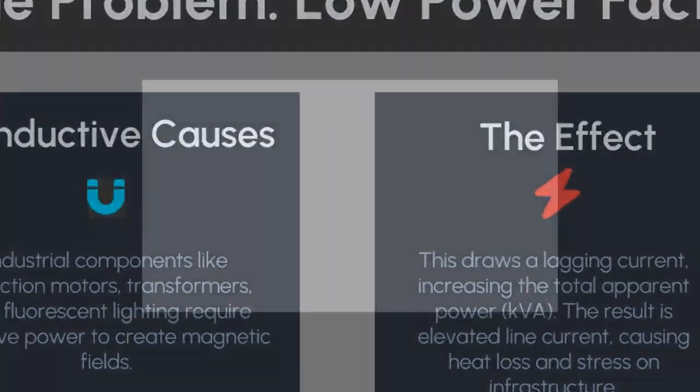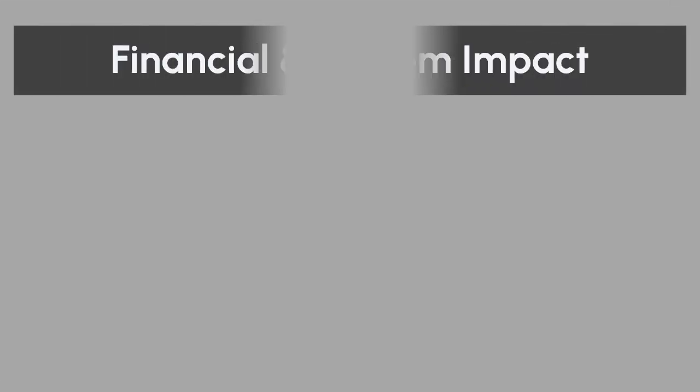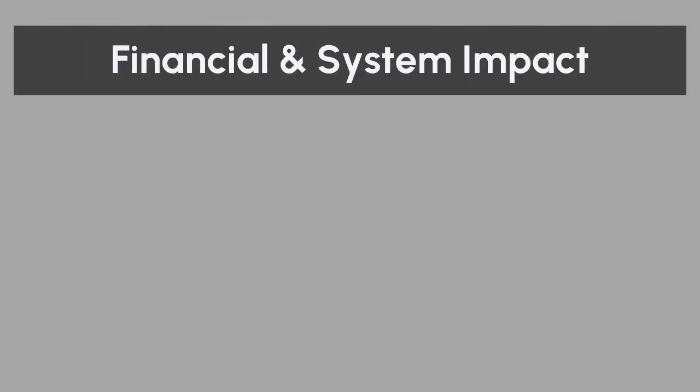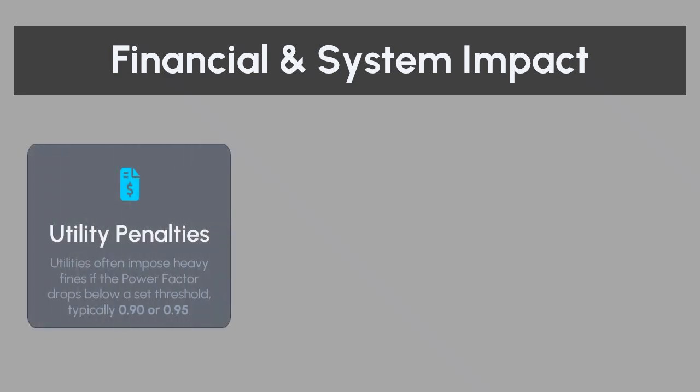Financial and system impact. The impact of a low power factor is felt directly on the bottom line and on your infrastructure. First, utilities frequently impose heavy financial penalties if your PF falls below a specified target, often 0.90 or 0.95.